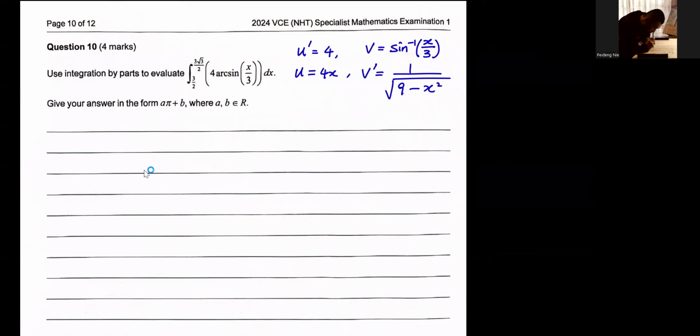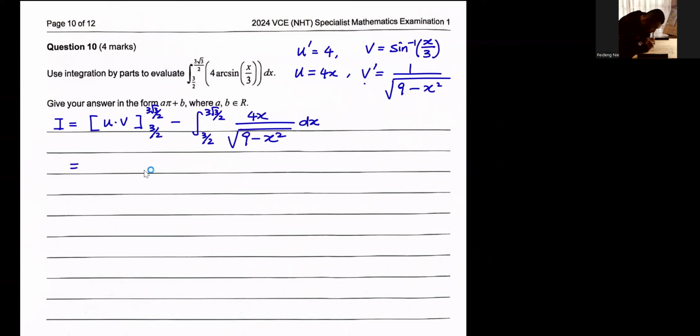What I'm going to do next is integration is u times v from 3/2 to 3√3/2, minus the integral from 3/2 to 3√3/2 of v dash times u, so 4x over the square root of 9 minus x squared dx.